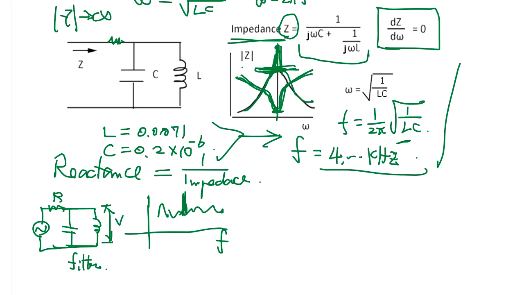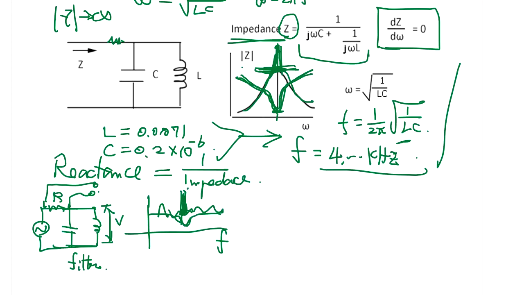Okay, so if you take output voltage here, then it's going to be like this. So this frequency area is going to be damped. It gets less. So you can remove this noise. So that's called a notch filter.